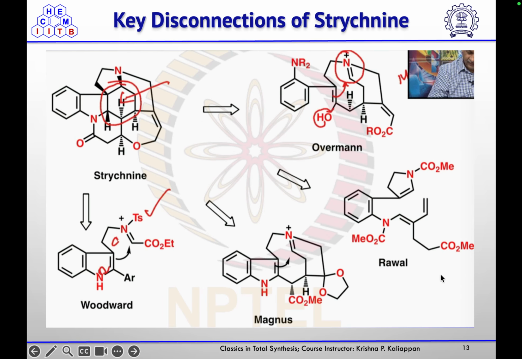Now let us see how he did it. So the key disconnections for strychnine: the one used by Woodward is that he wanted to use the Mannich reaction for the completion of the total synthesis of strychnine.